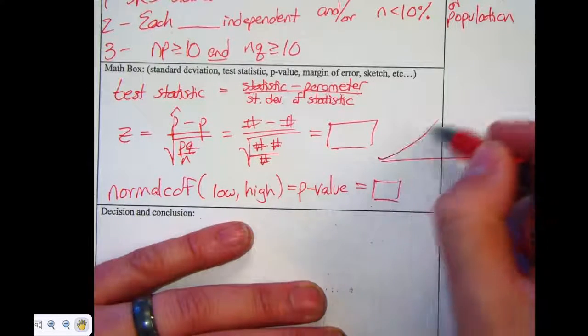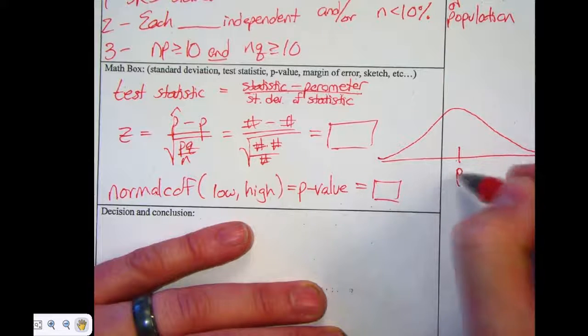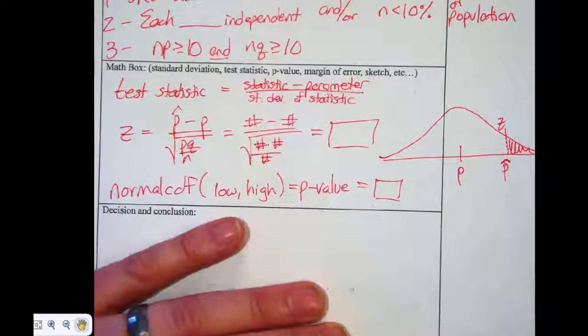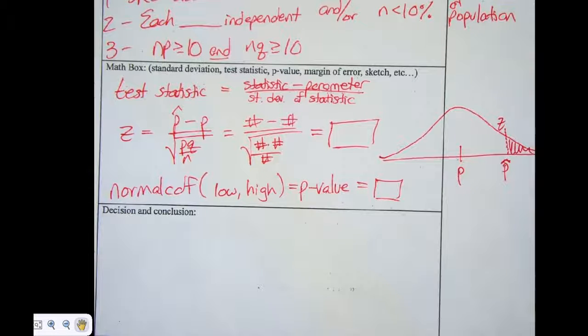You're always going to sketch a graph where you're putting P hat, Z in your shading. And if it's a not equal to test, what would you do? You'd shade both sides. So hopefully a lot of this feels familiar. We're keeping the bones, we're just plugging in different spots along the way. Questions yet?